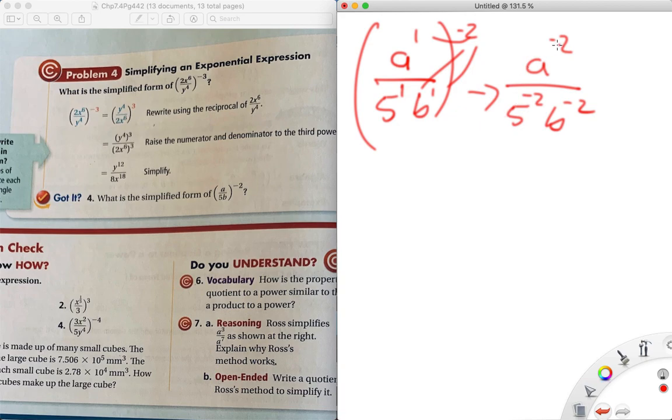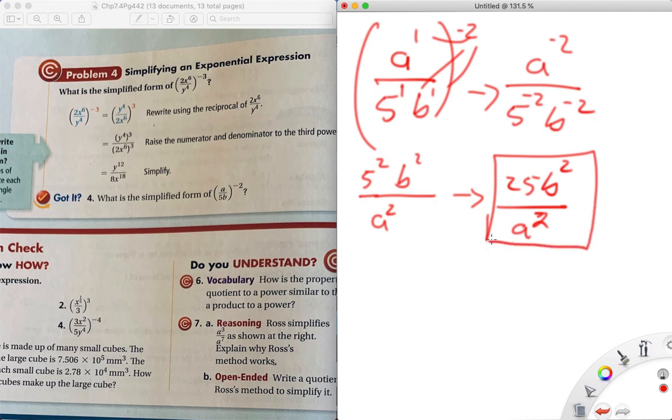Again, since this is negative, this guy is going in the denominator, and it's being squared. This guy is going in the numerator, it's being squared. This guy is going in the numerator, and it's being squared. 5 squared is 25, so 25b squared over a squared. Voila.